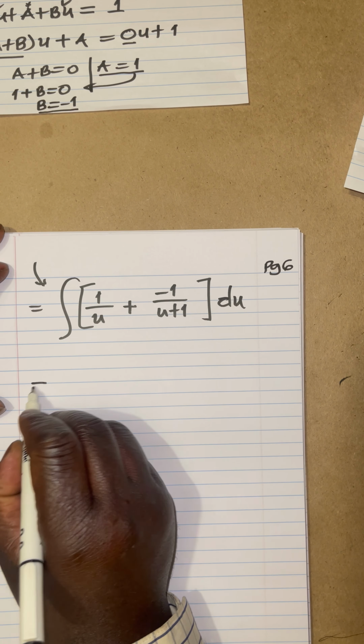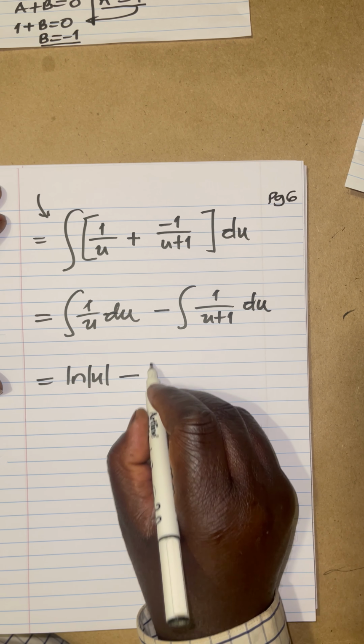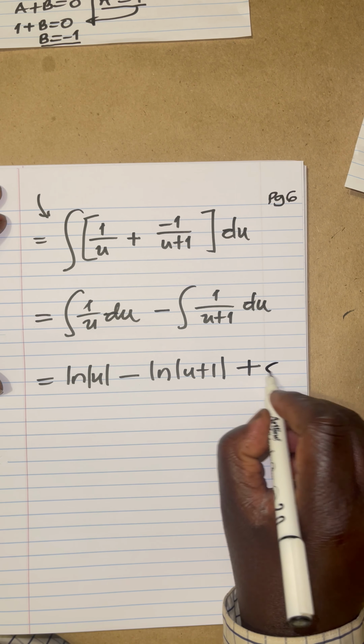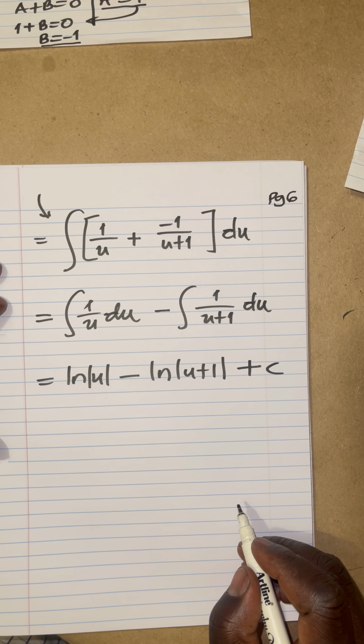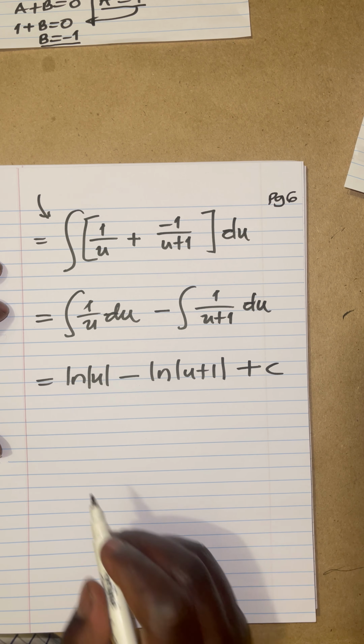Evaluating this, you'll agree with me that the answer here is just natural log of u minus, this will be natural log of u plus 1. Now we must say plus c because we're dealing with an indefinite integral here. Now, what is u?